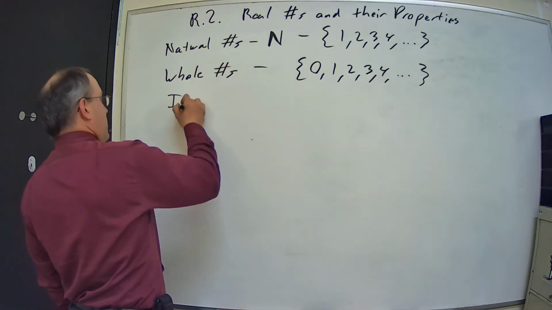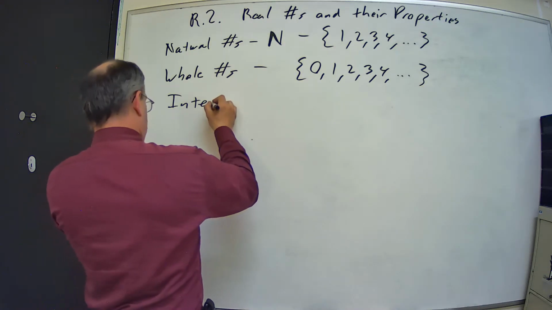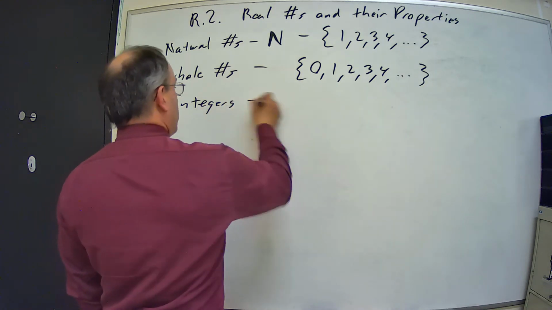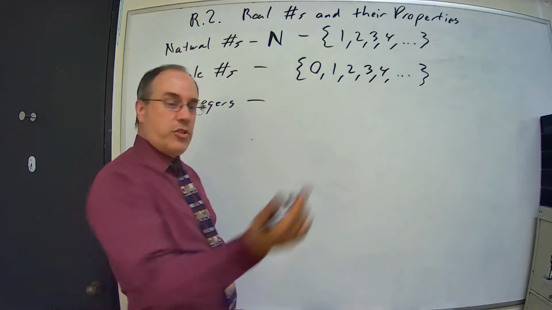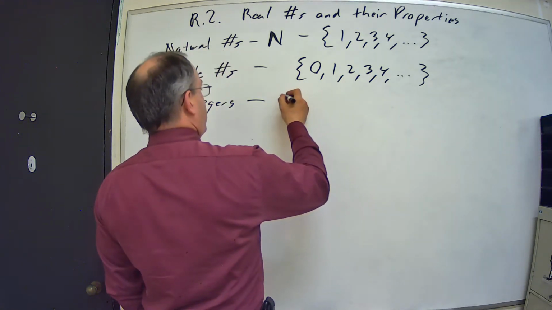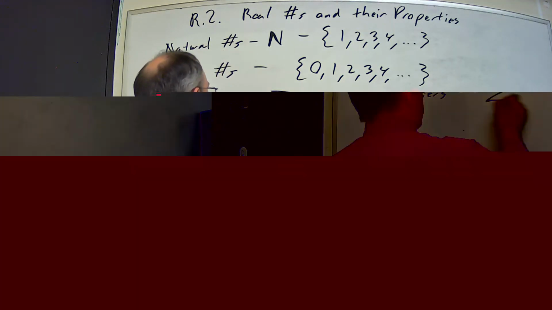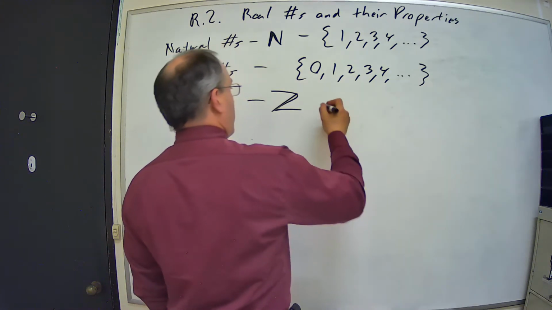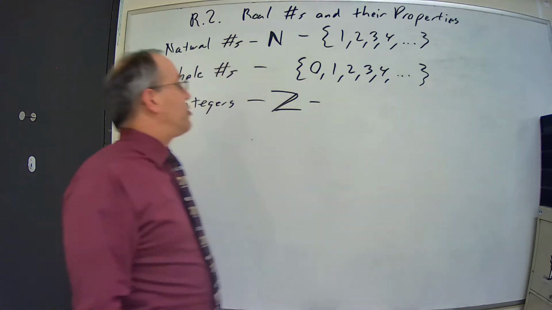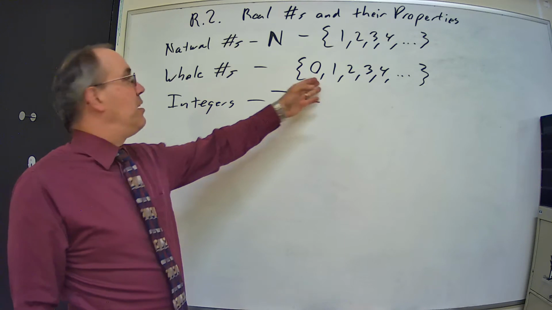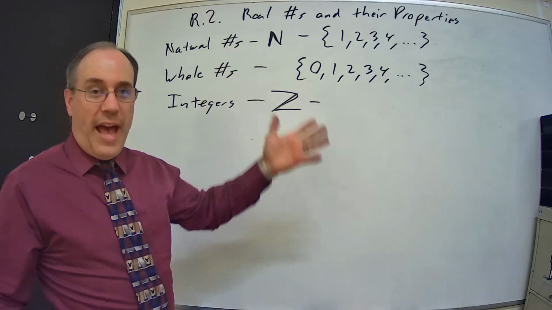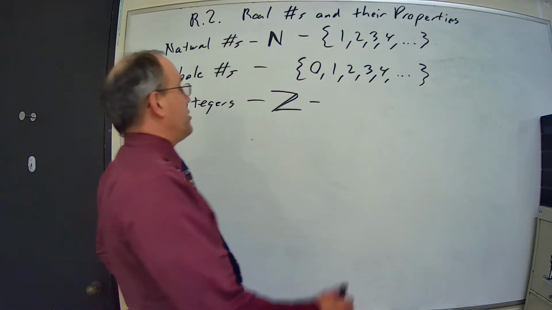Integers. So integers, we use a bolded capitalized Z. So integers are basically your signed whole numbers. So add minus signs and plus signs.